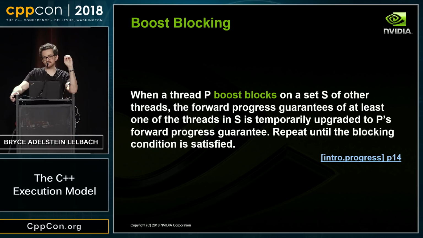You can only boost block to delegate, to give use of your thread to your children. You can't ensure that unrelated sibling tasks within the same execution context will progress, because you don't really know what they're doing, and you don't even necessarily know how to find them. Does that help at all? Yes. Okay.